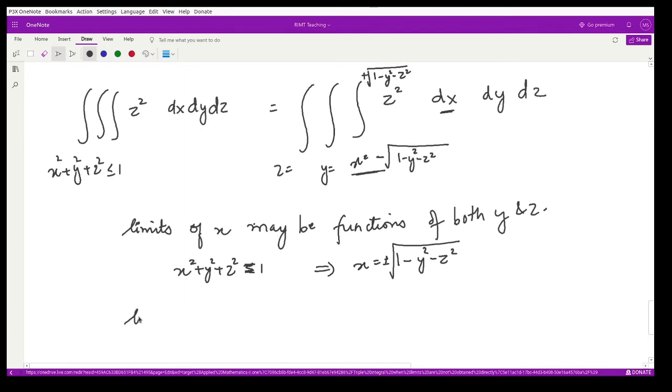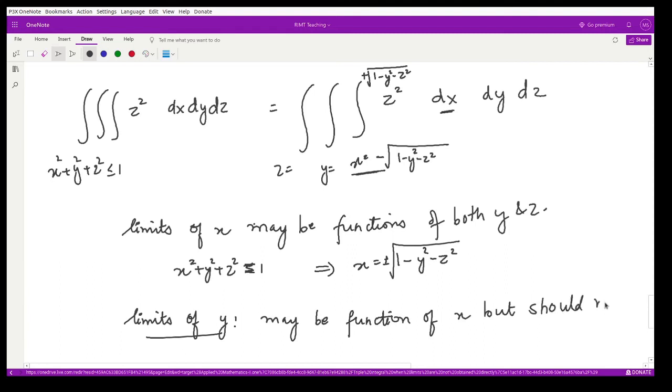And for the limits of y, these limits might be functions of z, this outer variable, right? But they should not contain x, this inner variable. So in this case, what are the limits?